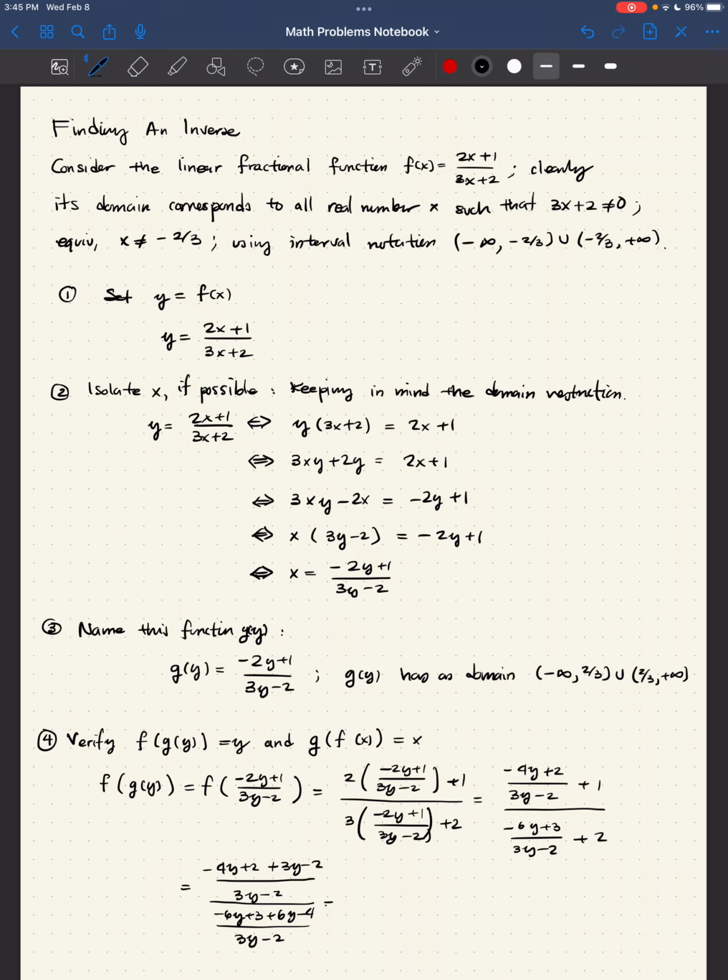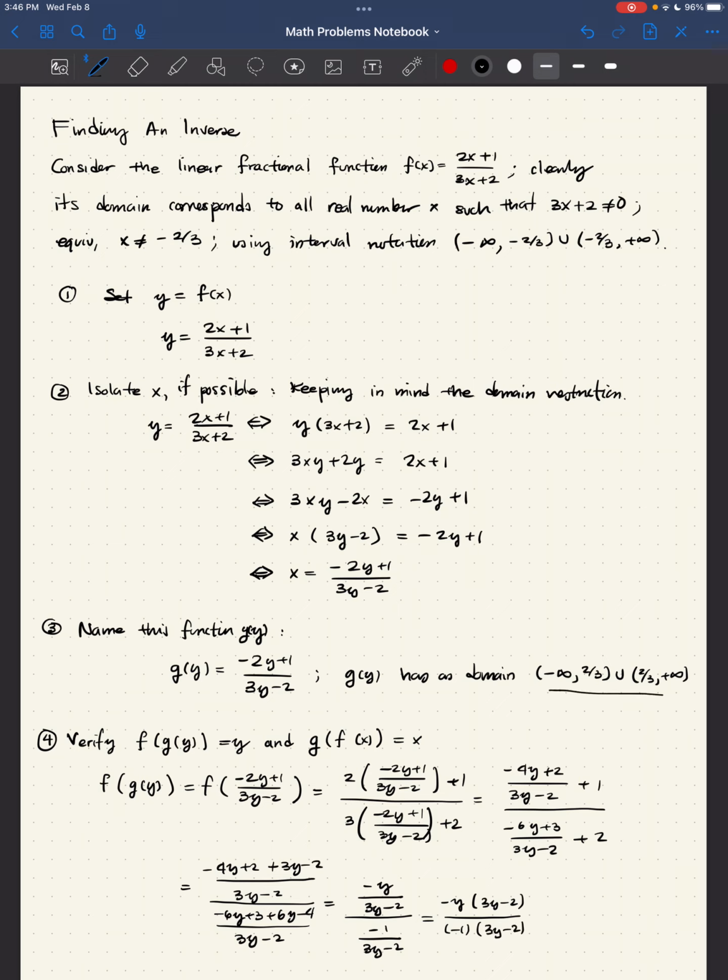We can continue because now the numerator of the top fraction reduces to negative y, the denominator keeps as 3y minus 2, and on the bottom fraction we have negative 1 over 3y minus 2, which reduces to negative y times 3y minus 2 over negative 1 times 3y minus 2.